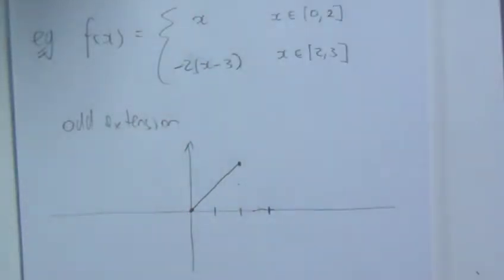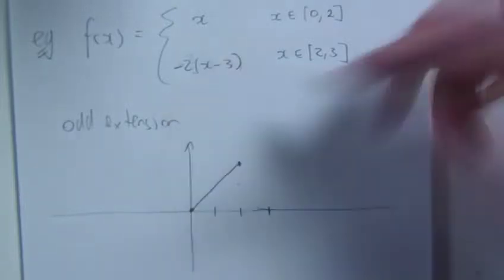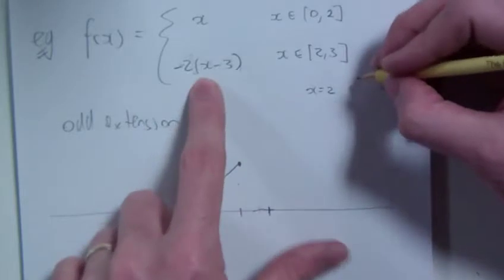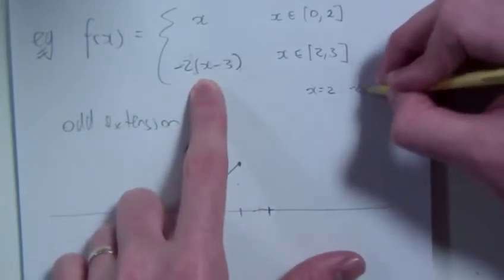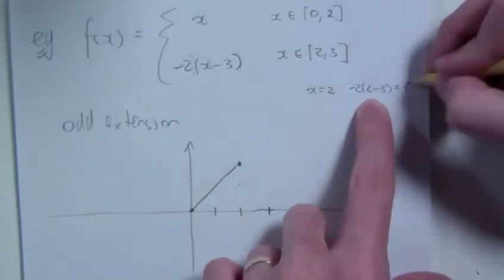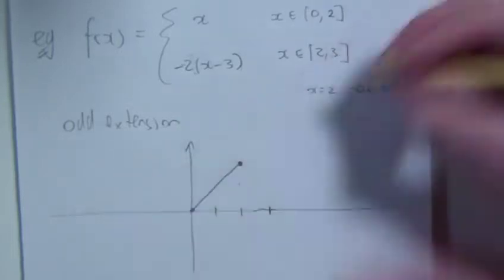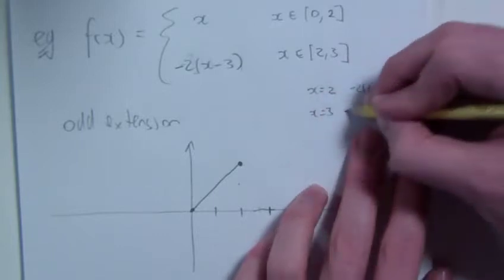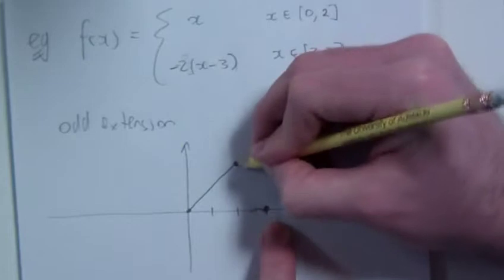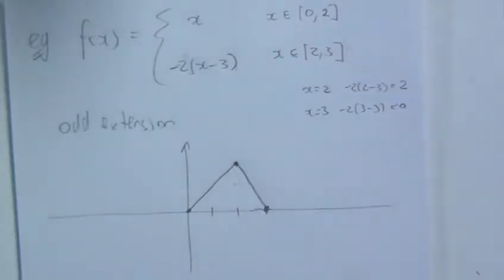So when x is 2, for that second half, the answer is minus 2, 2 minus 3, which is just 2, so it goes through that point. And when x is 3, the answer is minus 2, 3 minus 3, which is 0, so it goes through that point, and being a straight line, I can just connect them up.